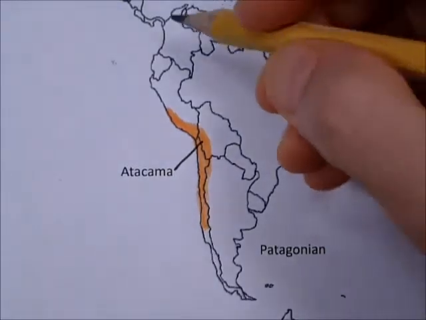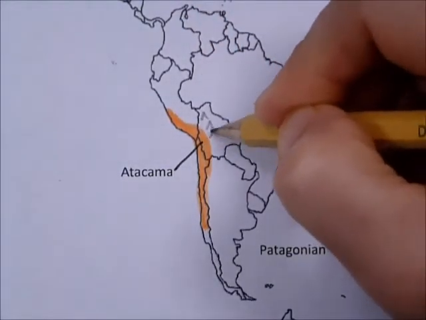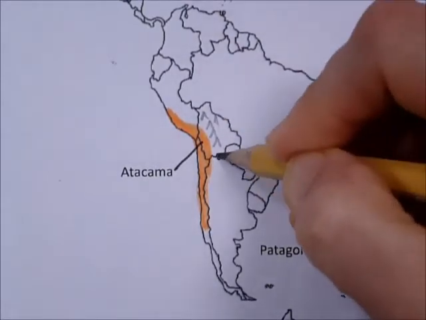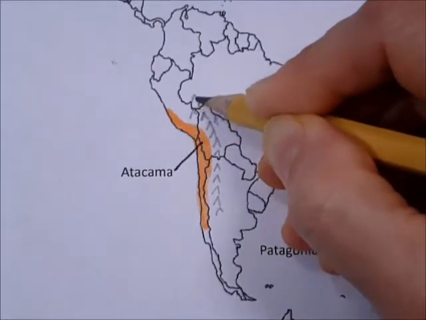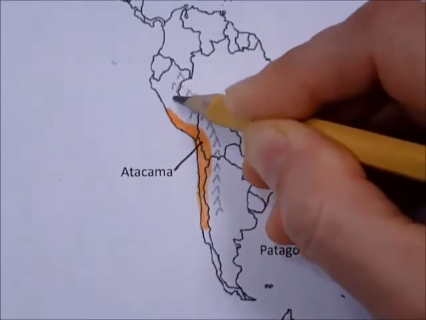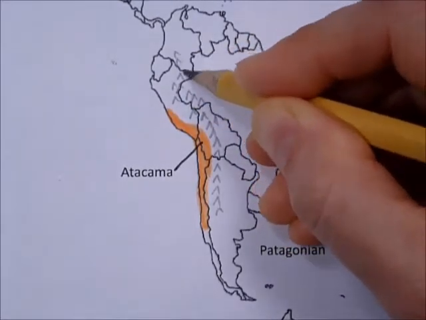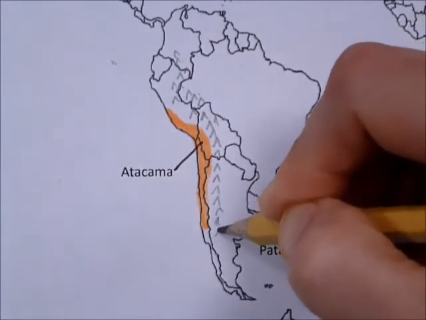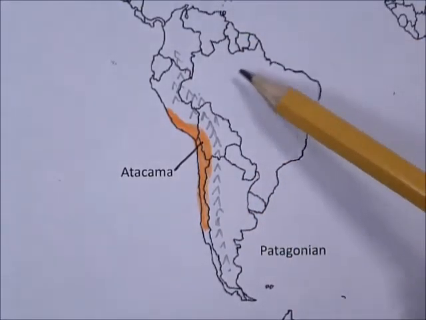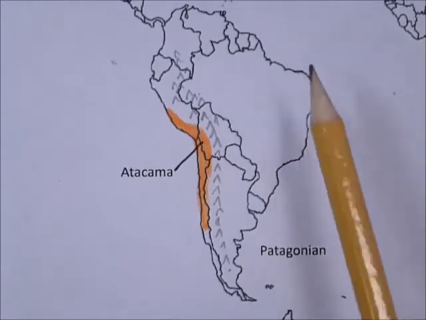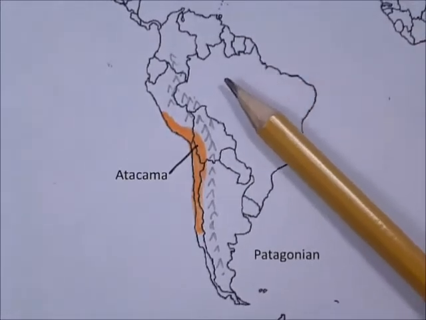And we have these mountains, kind of the same range as the Rockies, sort of along here. And this is one reason why this desert is here. Because the wet, moist air over the rainforests is moving this way.